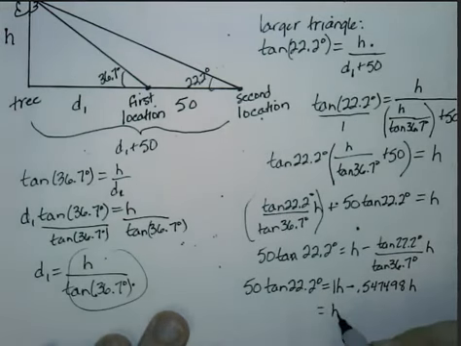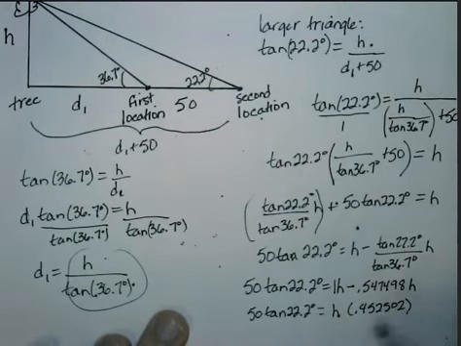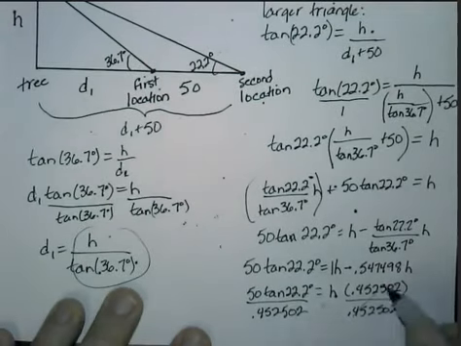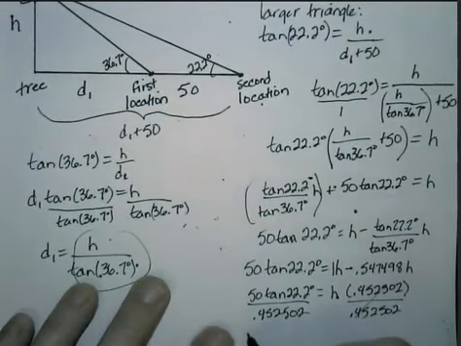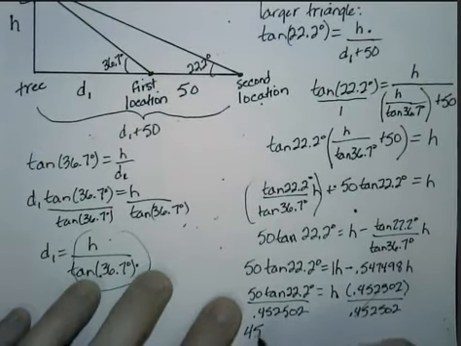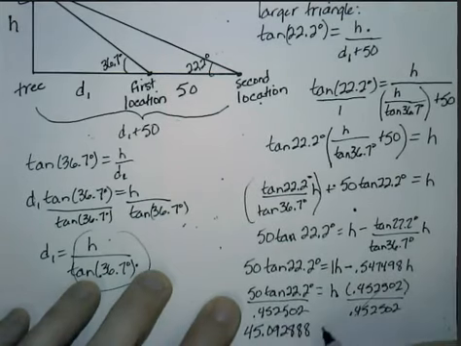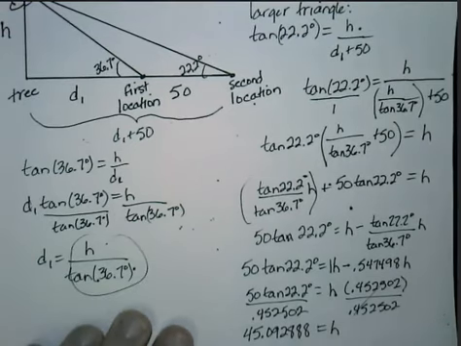That gives me h times this value. Now all I have to do to solve this is divide both sides by this value. On this side I'm going to put all of this in my calculator in one step, and that'll give me the answer for h. When I do that, I get 45.092888 for h.